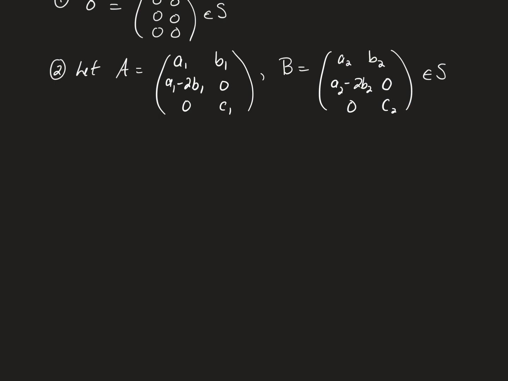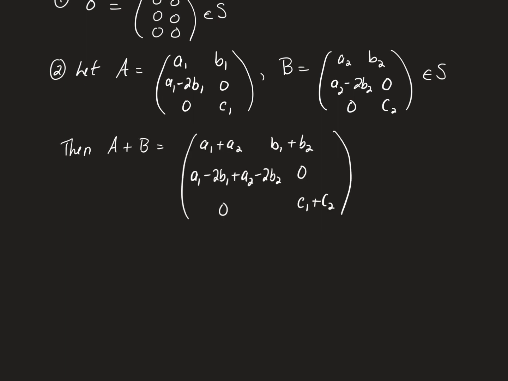So I've gone ahead and I've taken two arbitrary elements in S. They have to be of this form. Now let's add them. Now when I add them, this is what I get. Now I need to make it clear that this in fact belongs to S. So let's go ahead and rewrite this component, this entry.